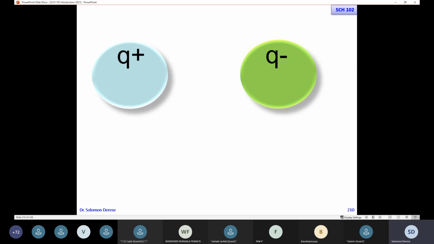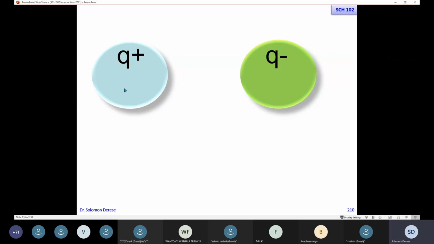As a result, the charges developed on the two atoms are the same in terms of magnitude. What is different is that one will be positive, the other one will be negative. So if you have a polar covalent bond between two elements, one of them will be partially positive, the other partially negative.